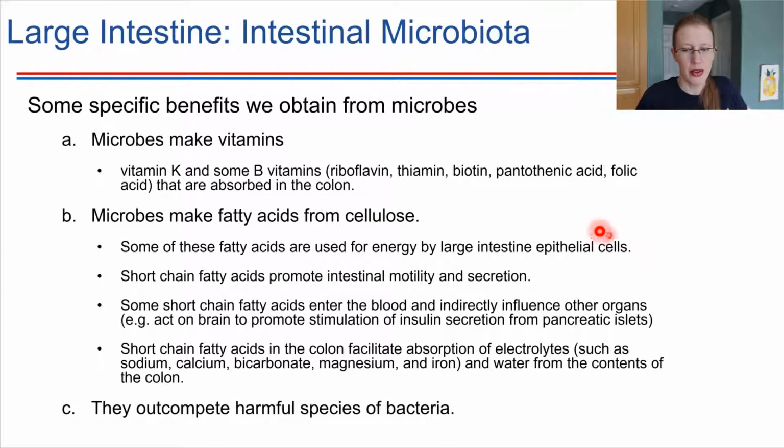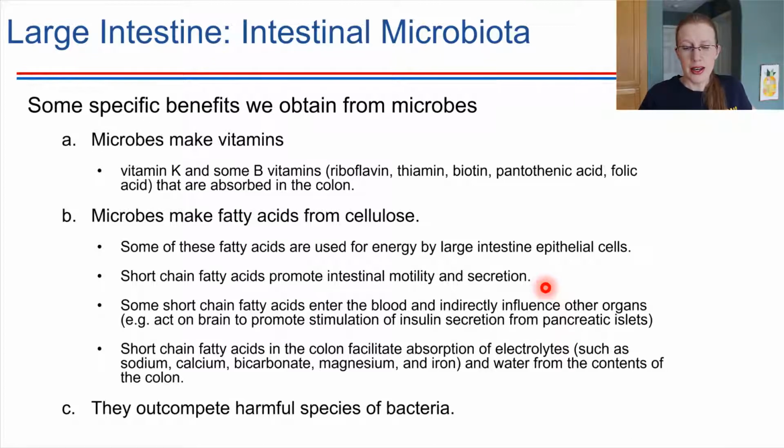So it helps to promote the health of the intestinal lining. It also helps to promote secretion of the epithelial cells. The things that they're supposed to secrete, it sort of upregulates that secretion. That in turn helps to keep things moving along through the intestine, keep things from getting stuck. So in some ways, this is helping to prevent diverticulitis from developing.